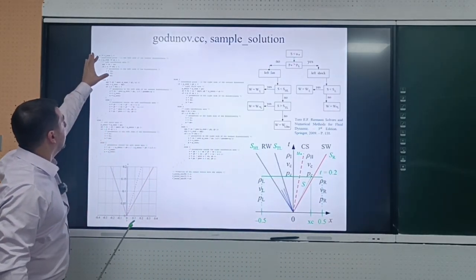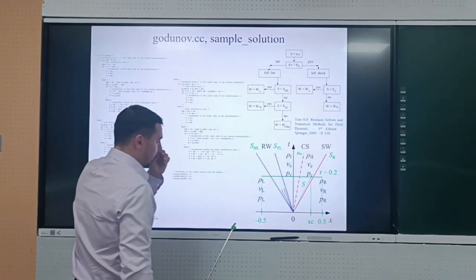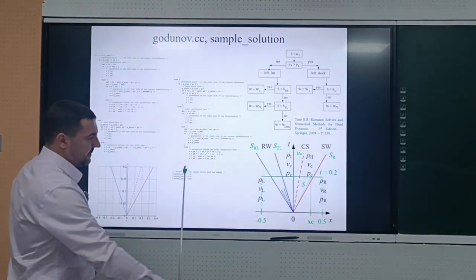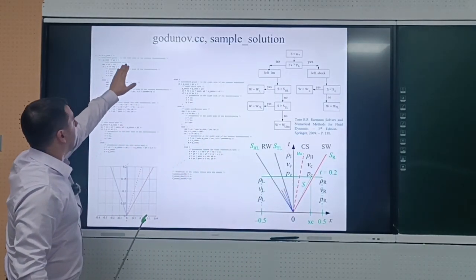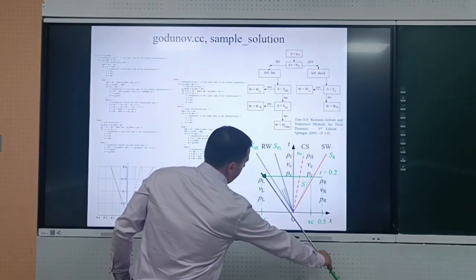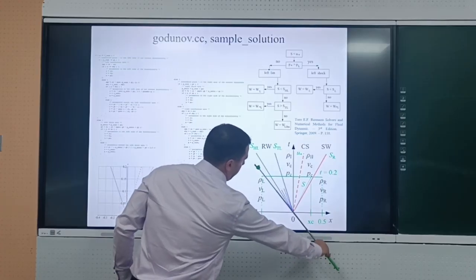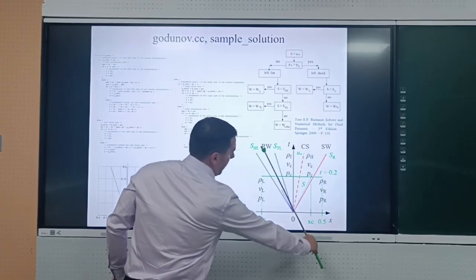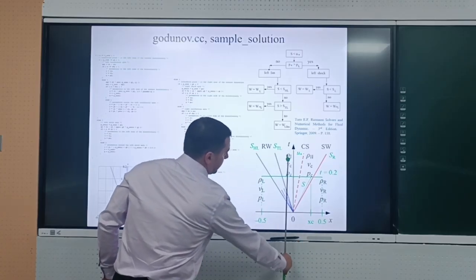We analyze whether this ray is to the left or to the right relative to the contact surface. Initially it's here, so it's to the left side of the contact discontinuity. Then we should check, is it here or here or here? Is it to the left of the refraction wave, or inside the refraction wave, or between the refraction wave and the contact discontinuity?